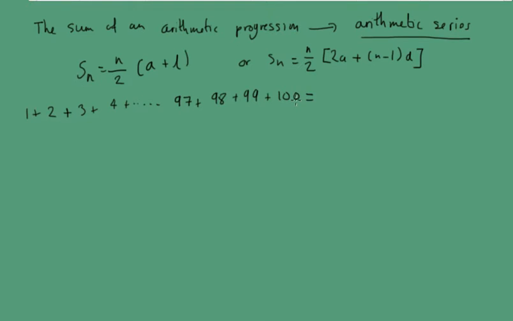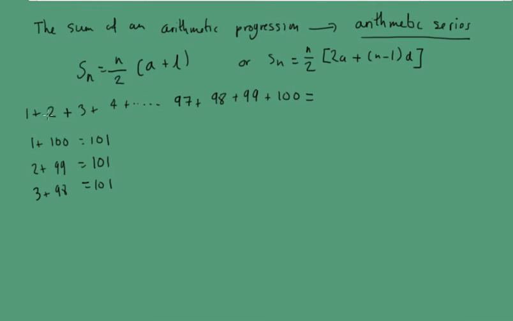The teacher thought he had cheated, and was quite cross with him. But what he realised was that if you add 1 plus 100, we get 101. If you add 2 plus 99, you get 101. If you add 3 plus 98, you get 101.